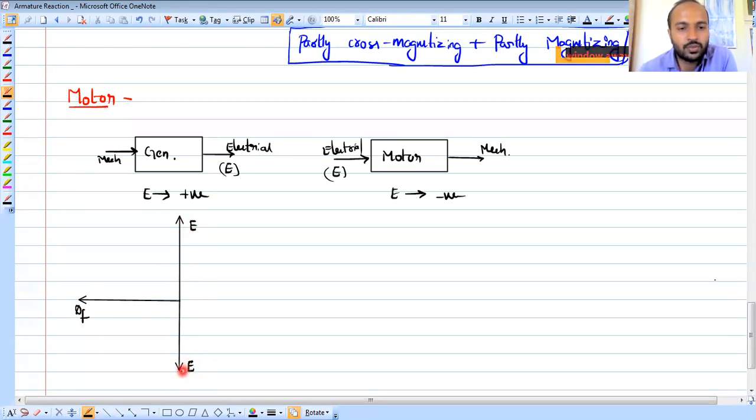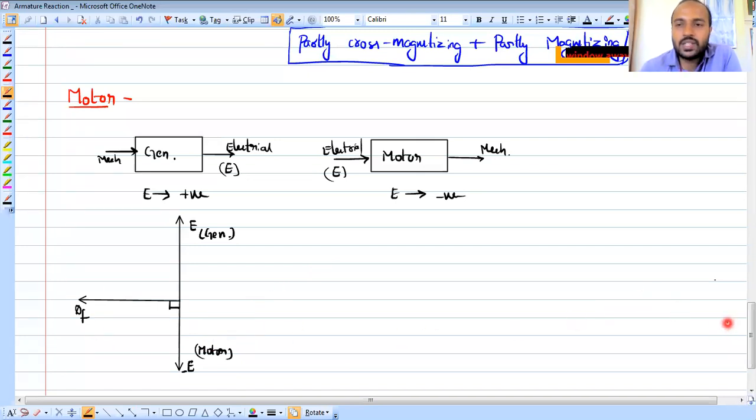This is the motor EMF, minus E. Okay. This is for motor EMF. And this is for generator. Isn't it right? Here, based on the inputs and outputs, we are able to say this. So now we need to consider this minus E while discussing the motor. Okay, with respect to this one, we need to say.